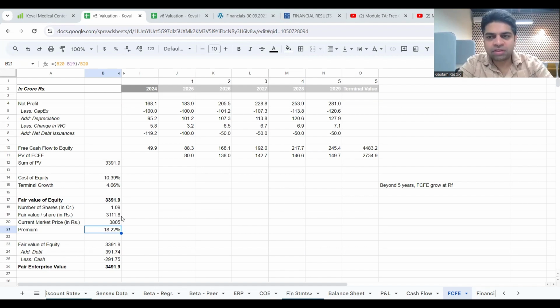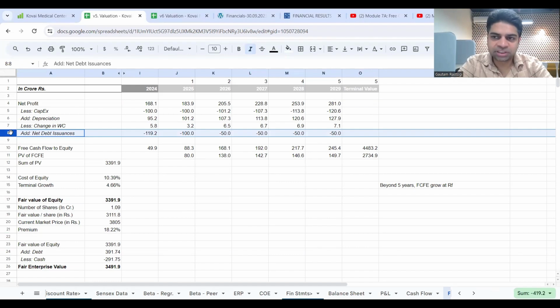If you really believe this business to be a mature, stable business, then logically speaking, this business should reduce their debt over time. If they don't do that, then the interest outgo on this debt would be higher than the interest that they make on the cash they accumulate over time. So the logical thing to do would be reduce your debt, udhari kam karo. And that's the assumption we're going to go ahead with.